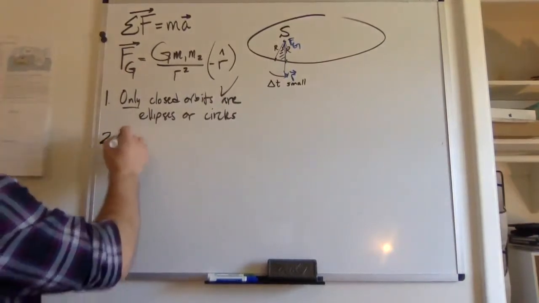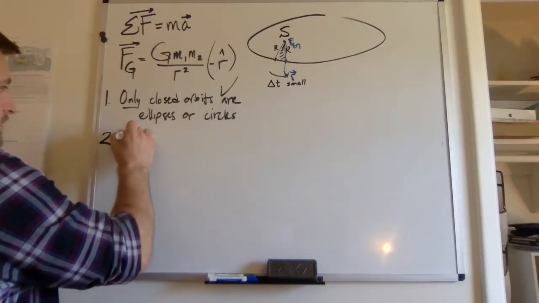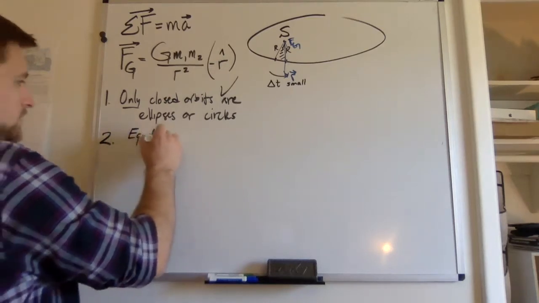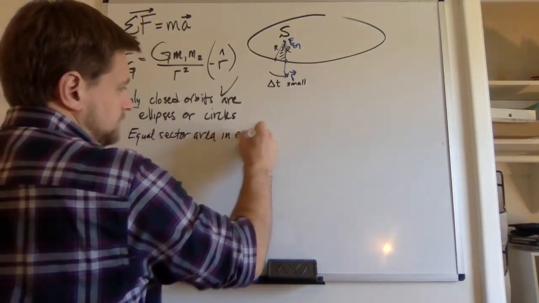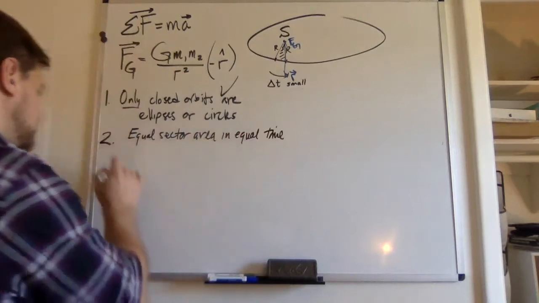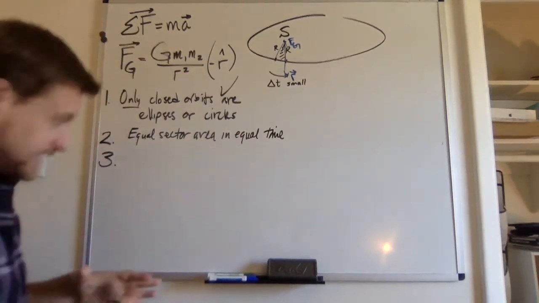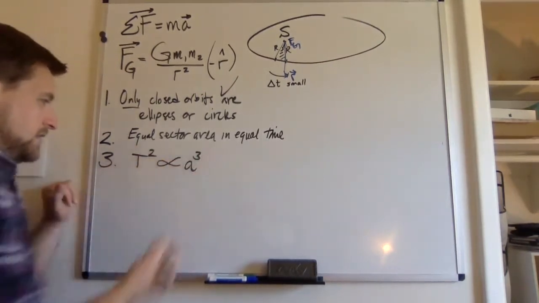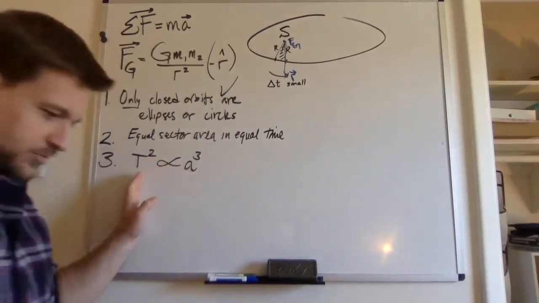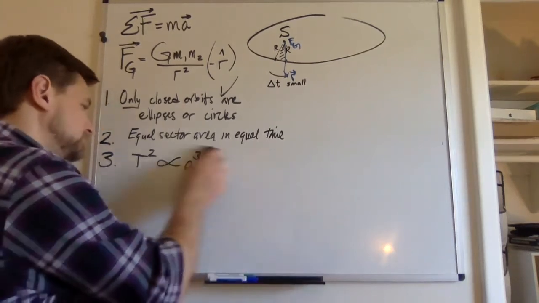So the second one is that equals sector area in equal time. 3. Kepler's third law had to do with the proportionality between the semi-major axis and the period of rotation, or of orbit, I suppose. Okay.